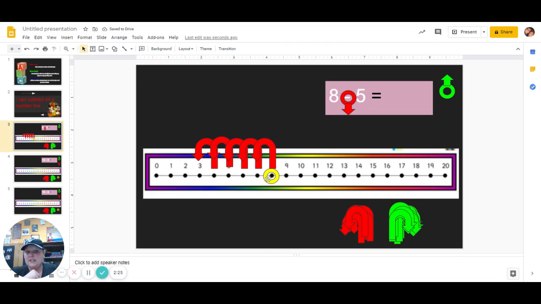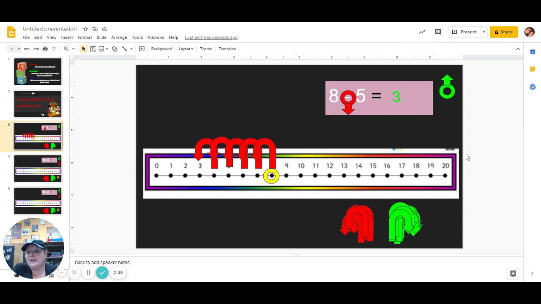So you can see here I started at 8 and I've gone backwards 5. 1, 2, 3, 4, 5. 5 backwards hops, and this is pointing to the 3. So 8 take away 5 is the same as 3. Okay? Do you see how that works, my friends?